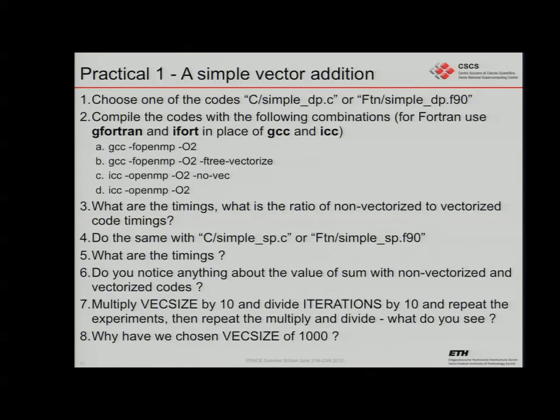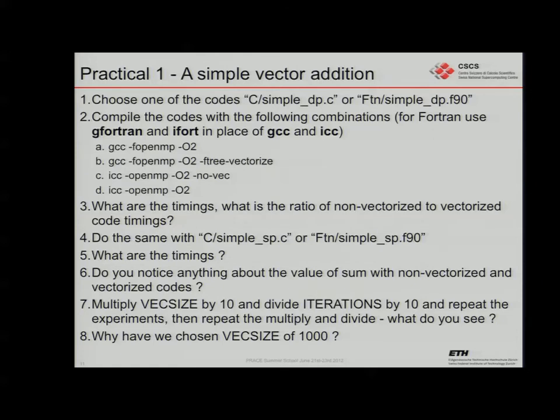Okay, the first of these examples is really quite simple. It's just a simple vector addition. We're just going to see what speedup we get from a very simple vector addition. So I'd like you to try with GCC and ICC, or gfortran and ifort.